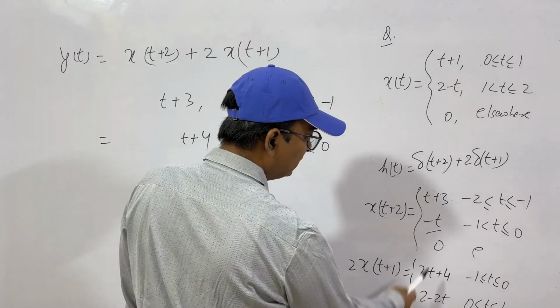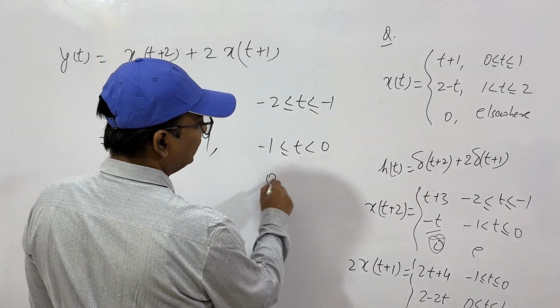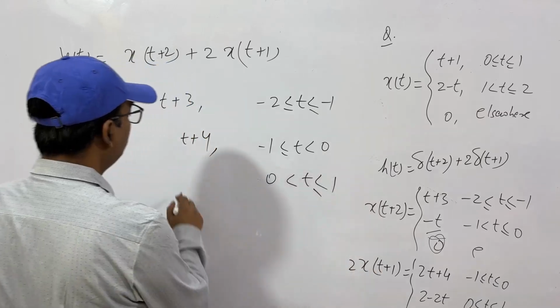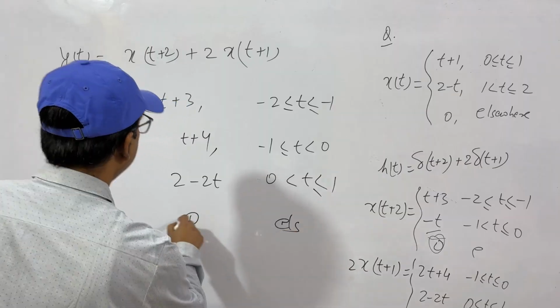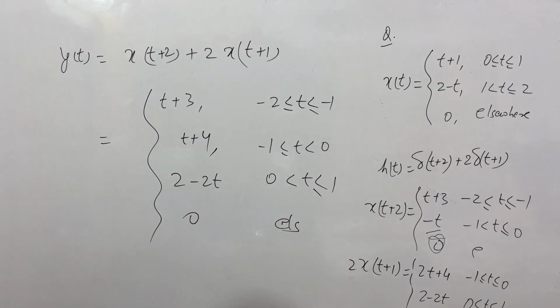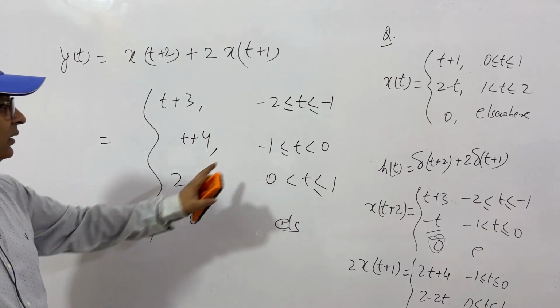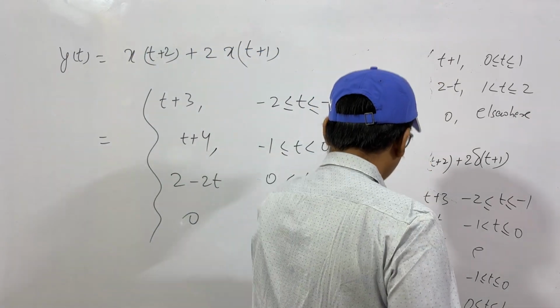Then the third limit: from 0 to 1 we have 2 minus 2t, and then elsewhere we'll have 0. So this is our final signal. y(t) will be t plus 3 between this, then t plus 4, then 2 minus 2t, and then 0 elsewhere. So if you plot it, what will it be like?